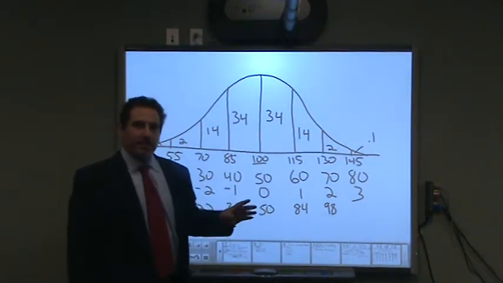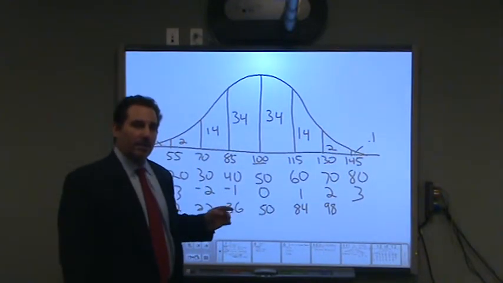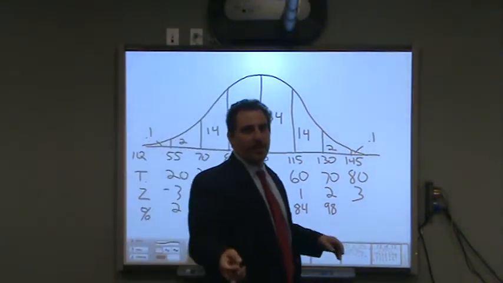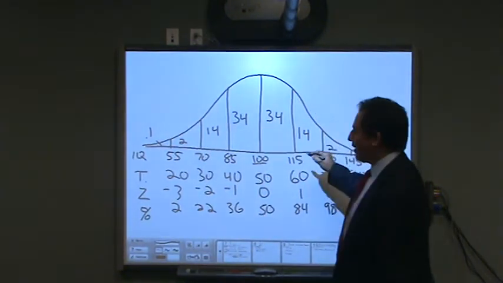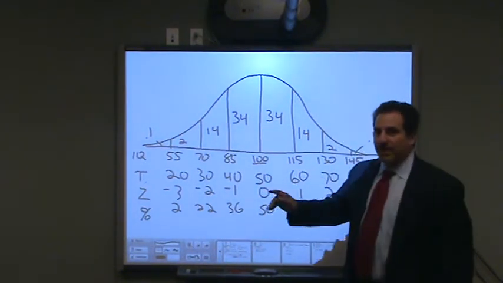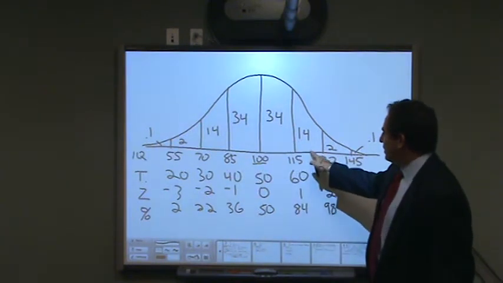So let's say that somebody has a T-score of 65 on scale 4, for example, the psychopathic deviant scale. Now notice that a T-score of 65 falls right here.